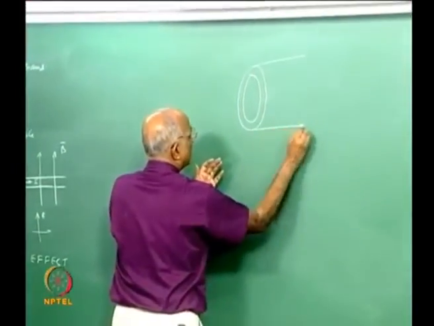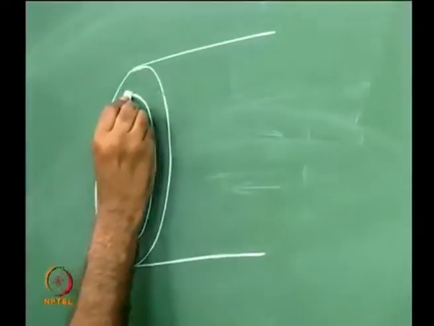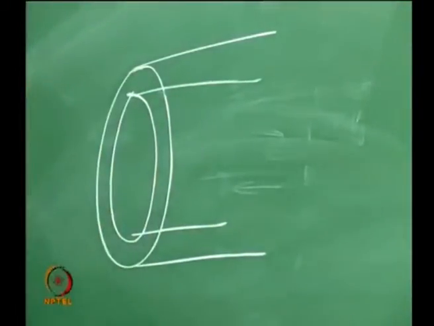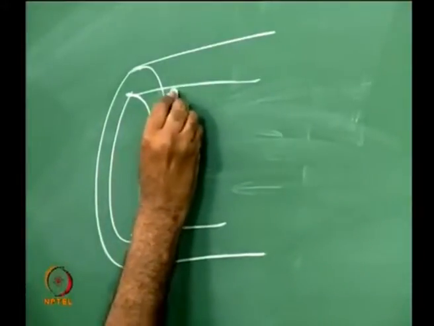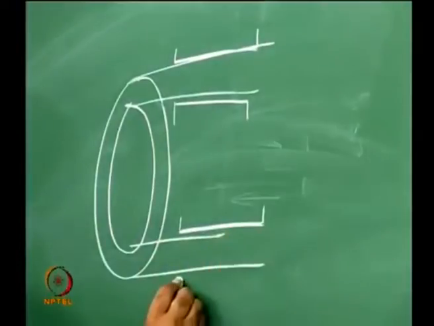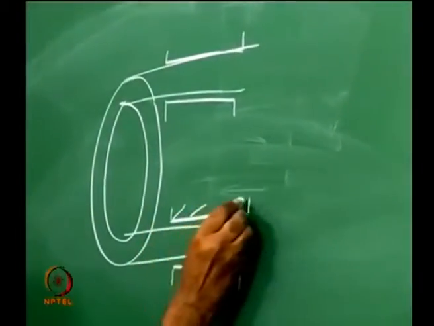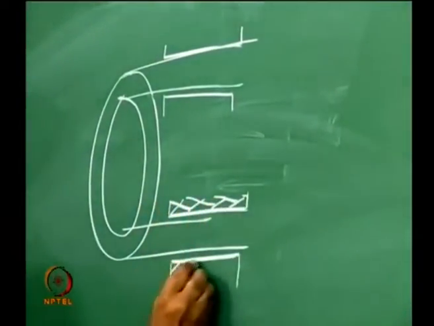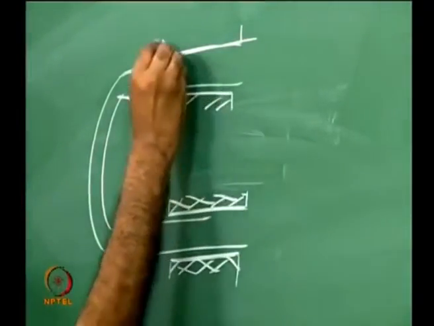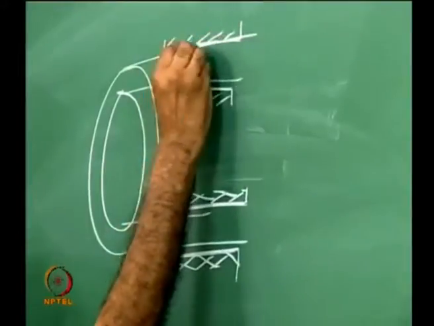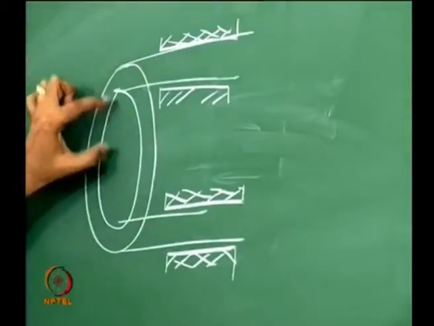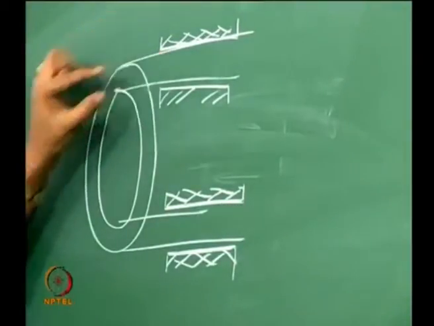I am talking of something like a cylinder over here, and an annular gap between the inner and outer, and supposing I were to put a magnetic field of some Tesla in this annulus. That means in the annulus between the inner and outer I have a magnetic field.